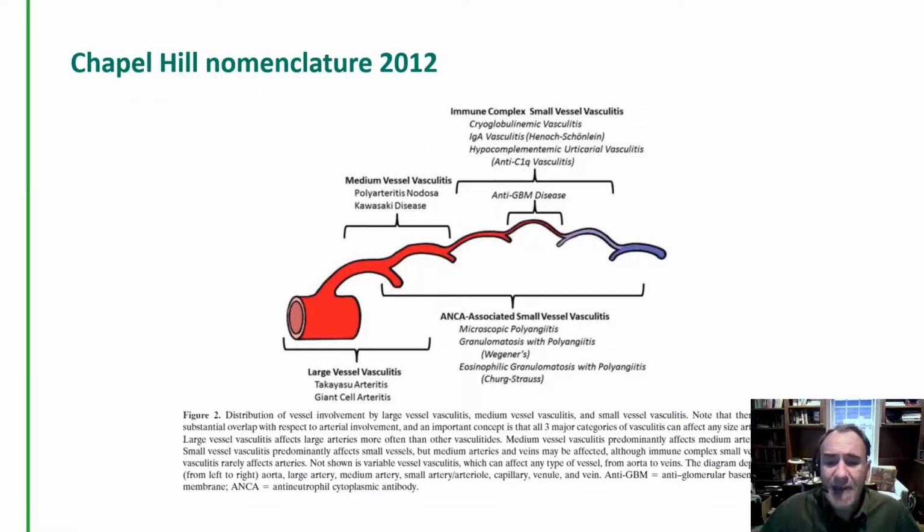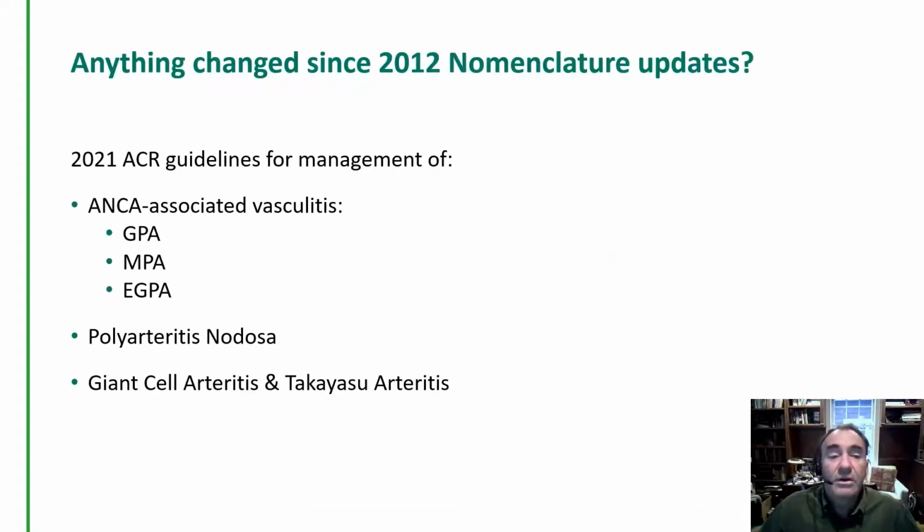This is a nice schematic visually of the size of the vessels and how these categories come out. You'll see this diagram in lots of different textbooks and articles, but just another way to look at it and help keep this straight, or at least somewhat straight in your mind. So since those 2012 nomenclature have been put out, what has been updated?